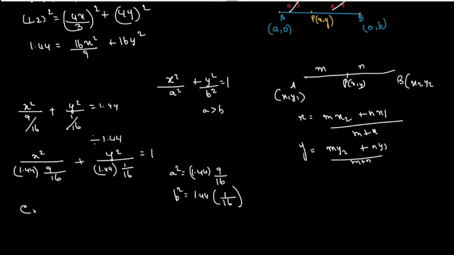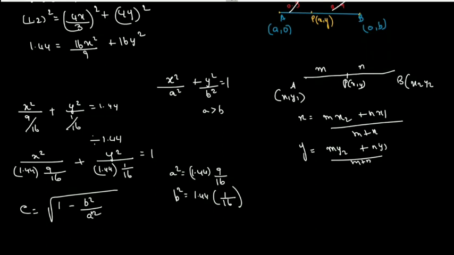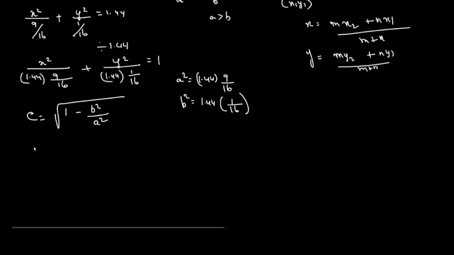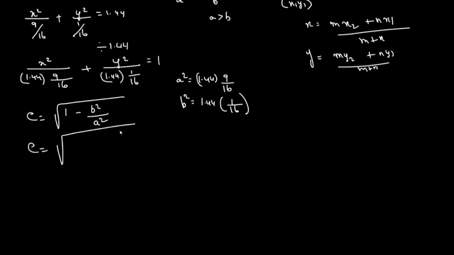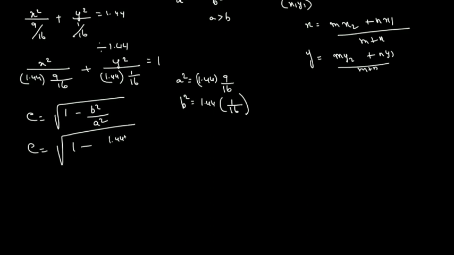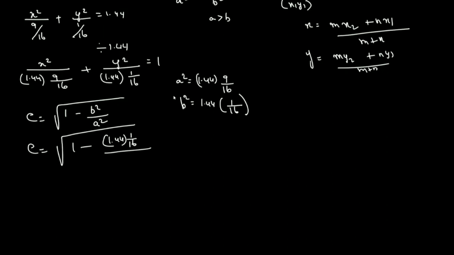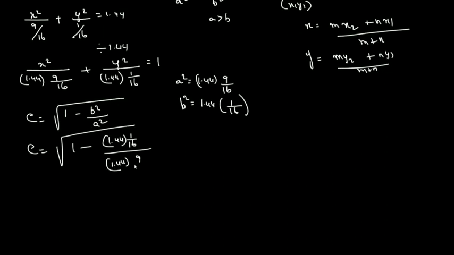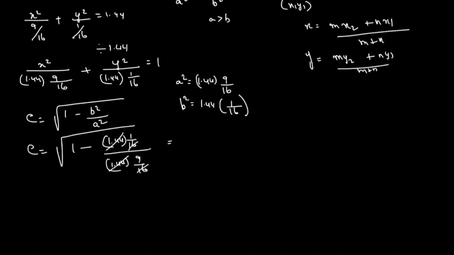So e is equal to root of 1 minus b square by a square. So e is equal to root of 1 minus (1.44 into 1 by 16) by (1.44 into 9 by 16). Now you can cancel 1.44, you can cancel 16 also.